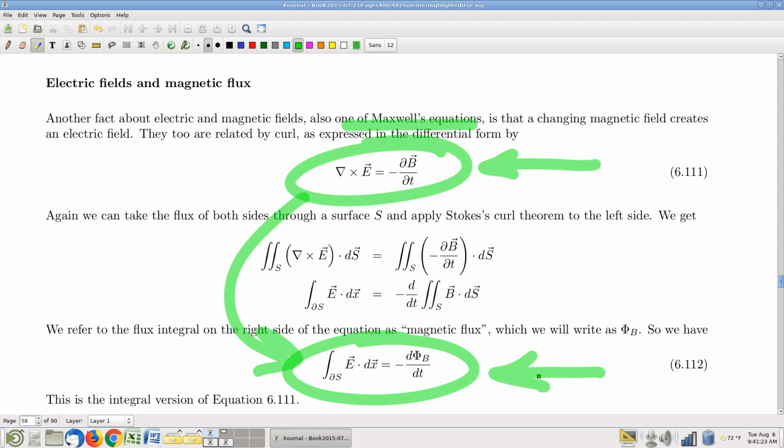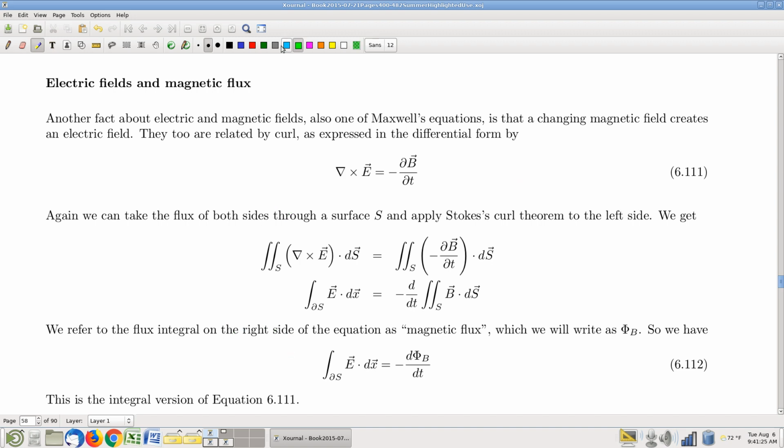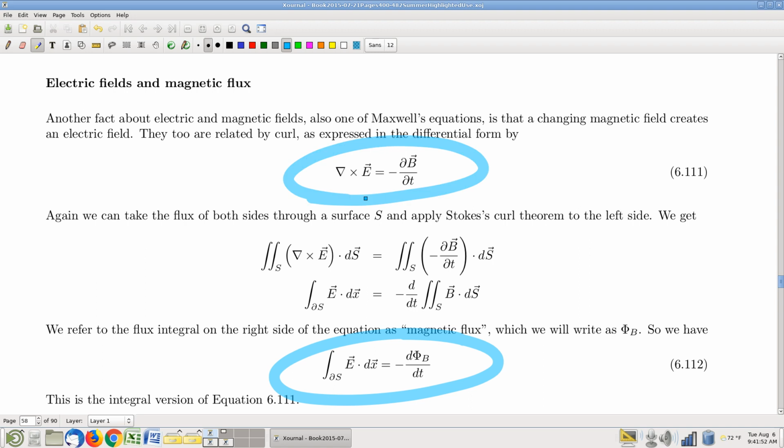Again, the connection is to, just like the one above, take the flux of both sides of that equation, wave the magic wand of Stokes' curl theorem, and then just observe, well, that's just magnetic flux. Let's write that as magnetic flux. And there you go. Here we have a statement about electric circulation, and here we have a statement about electric circulation density, curl.